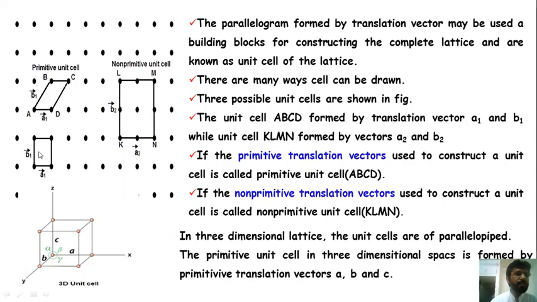In this figure we can see the fundamental translation vectors A1 and B1 form the square lattice. It has the minimum area, and all these lattice points are at the corners.